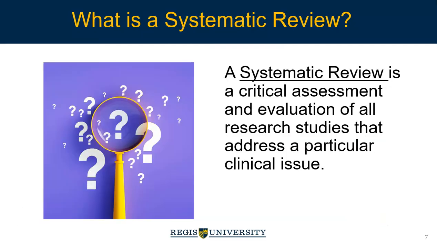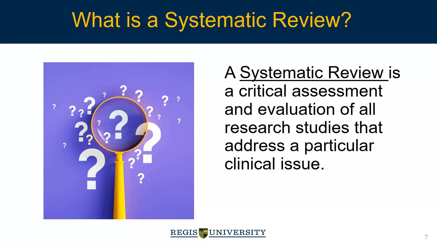The top level of evidence in most hierarchies is called a systematic review. The systematic review is a critical assessment and evaluation of all the research studies that address a particular clinical issue.